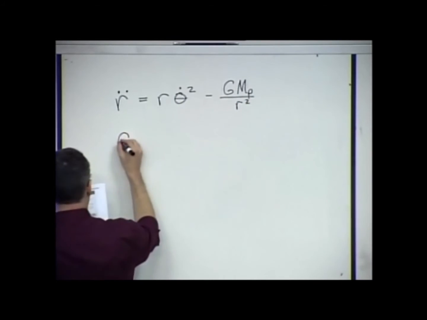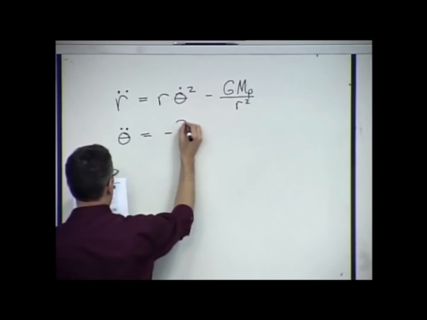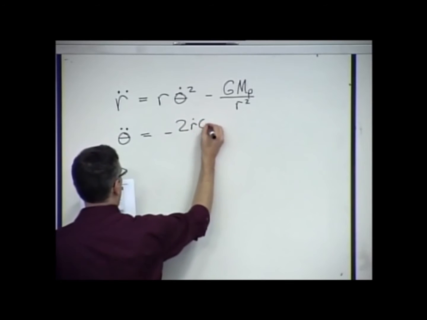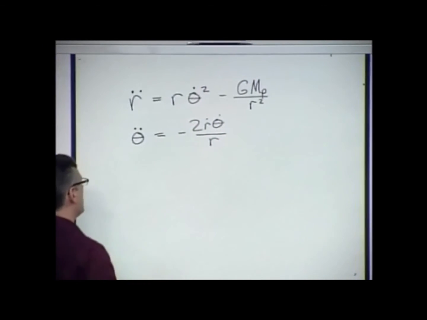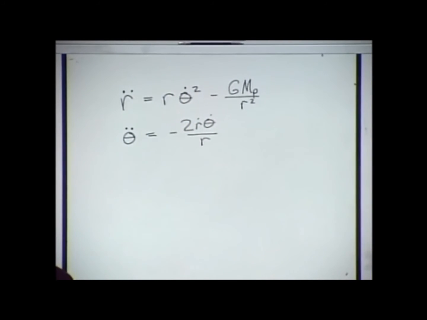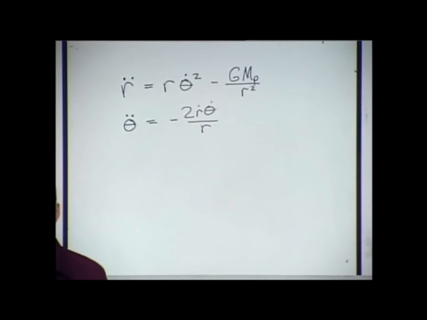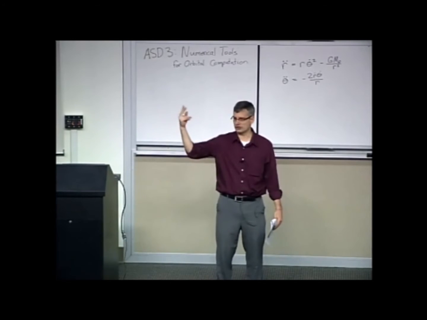And then the other equation, theta double dot equals minus 2 R dot theta dot over R. Those were the two coupled dynamical equations that we started out with. Now, how many variables, how many coordinates are we solving for? Well, that's easy, 2, R and theta.